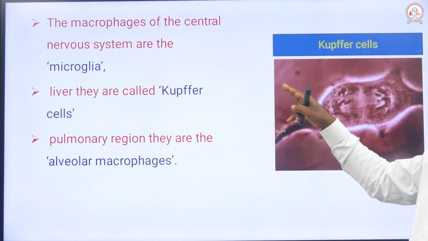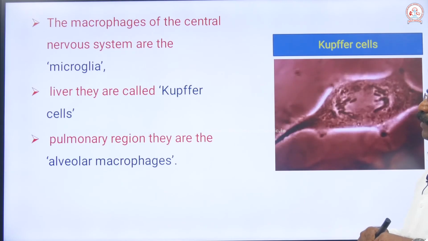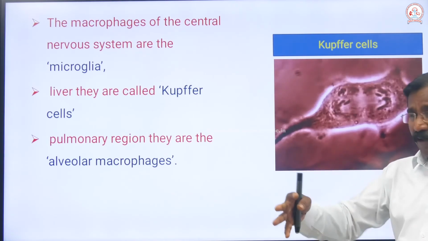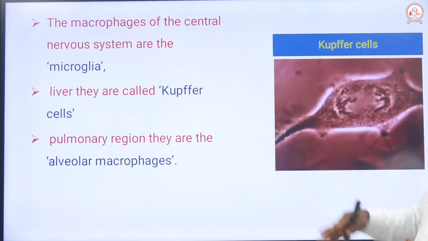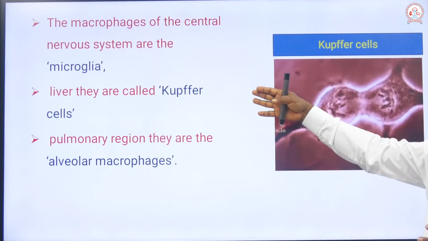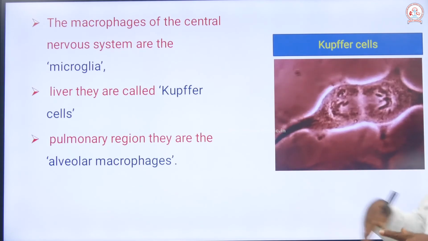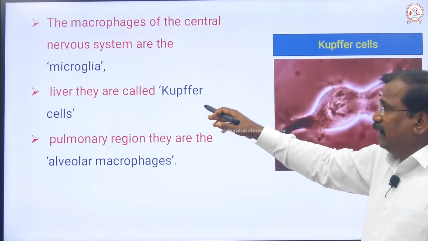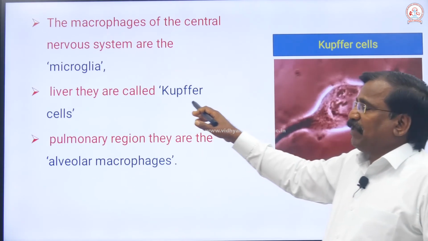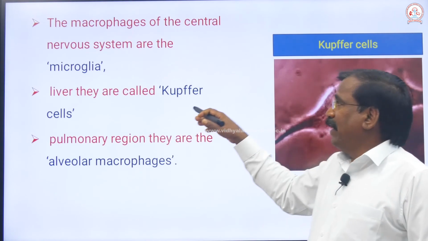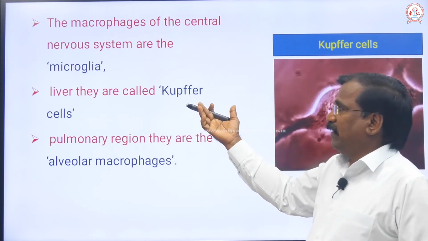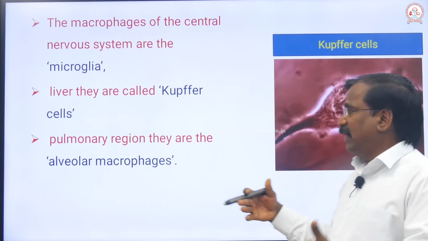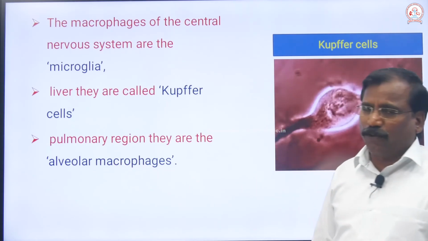And the name of the macrophage varies depending upon the position. If the macrophage is found in the nervous system, it is called microglia. If it is found in the liver, it is called Kupffer cells. If it is in the pulmonary region, pulmonary meaning the lungs, it is called alveolar macrophages.